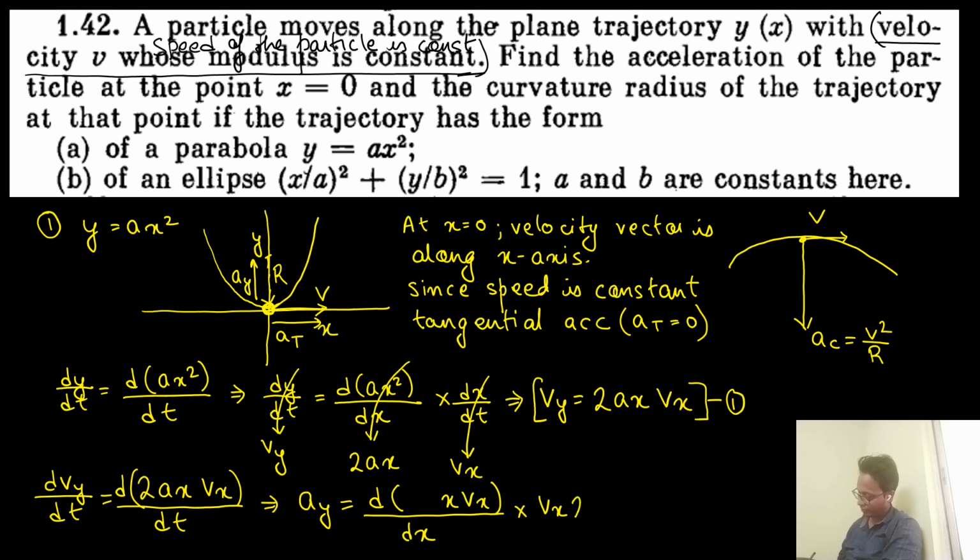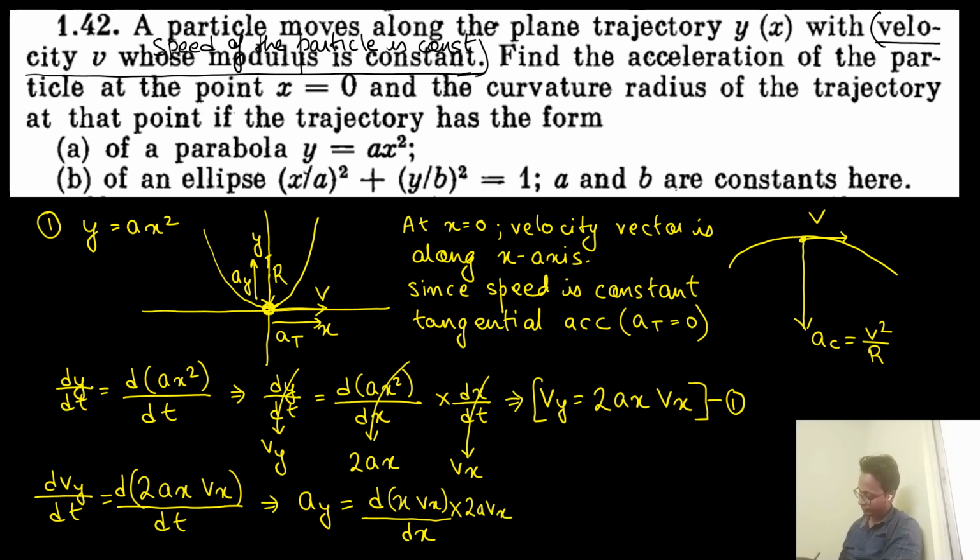Let's write this neatly as 2a times d of x vx by dx, into vx.